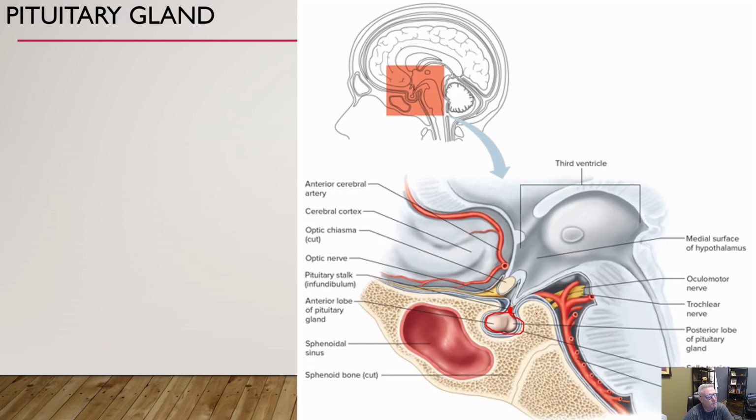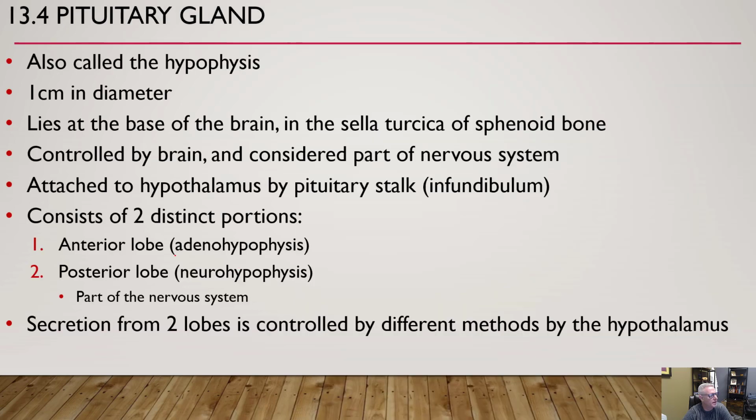It's attached to the hypothalamus, and it sits in this little thing called the sella turcica, and it has two different lobes. It has an anterior lobe and a posterior lobe. The anterior lobe we also call the adenohypophysis, and the posterior lobe is called the neurohypophysis. The neurohypophysis, or the posterior lobe, is the portion that is actually part of the nervous system.